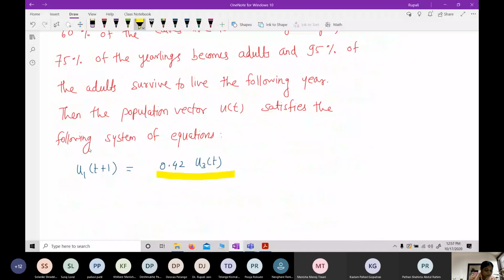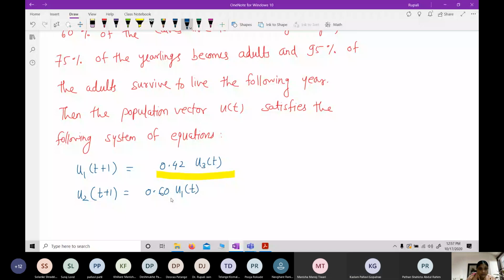What is the u2t+1 then? Yearlings we are denoting by u2. So u2 at t+1 will be 60% of the calves. 60% of the calves. Calves we are denoting by u1t, right? Is that okay? Yes, ma'am.